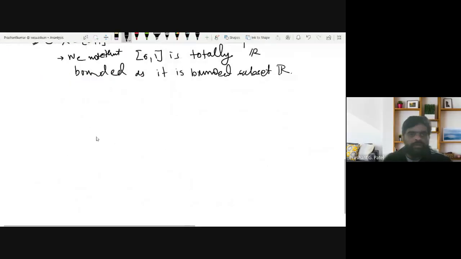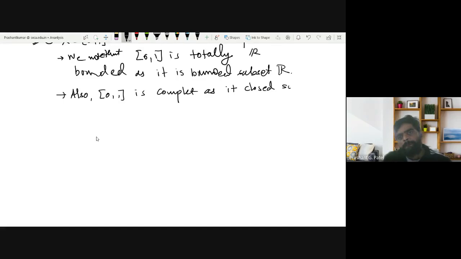And also the closed interval [0, 1] is complete as it is a closed subset of R. Therefore, this closed interval [0, 1] is complete.